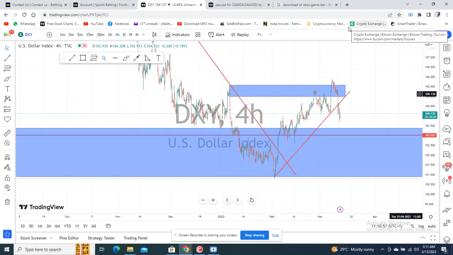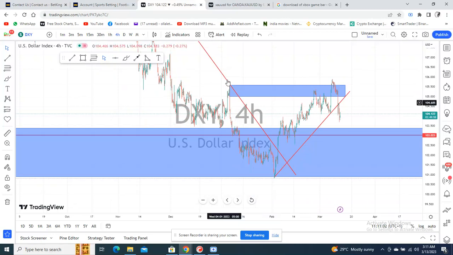If you look at it currently, in my previous video I was expecting DXY to react this way and break this zone ahead above. But eventually it broke here and is now corresponding with this level. If you trade based on history, like I used to say, to discover overall market direction you need to compare the history with the present to have a clear insight or idea of the overall market direction.